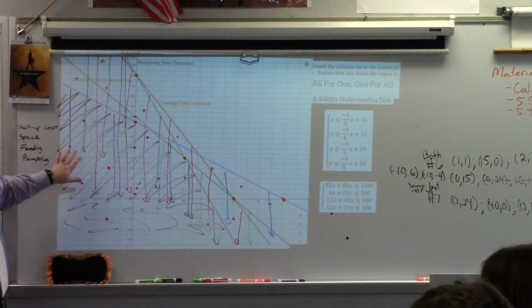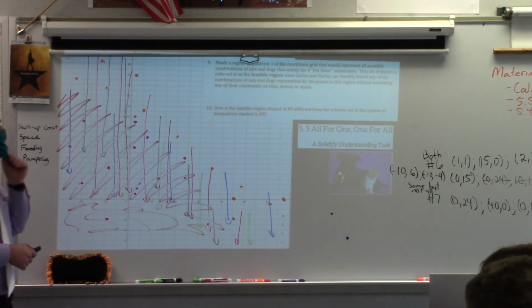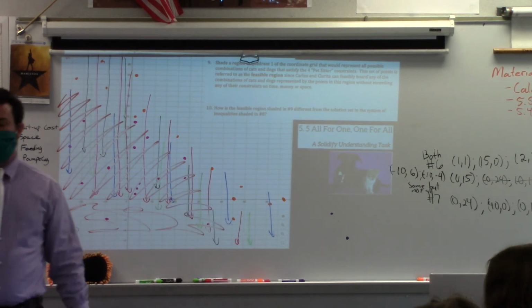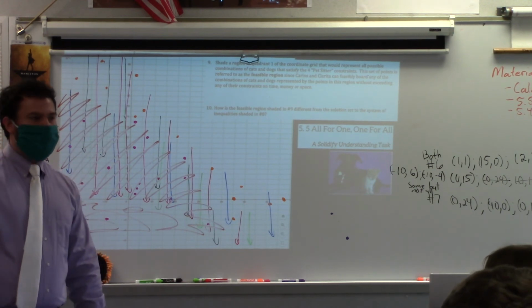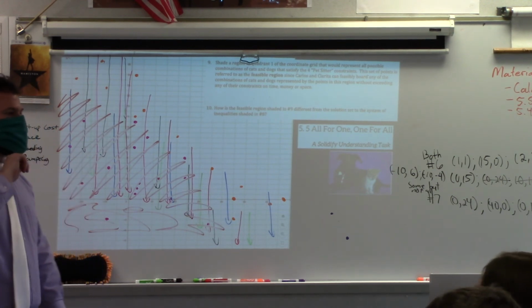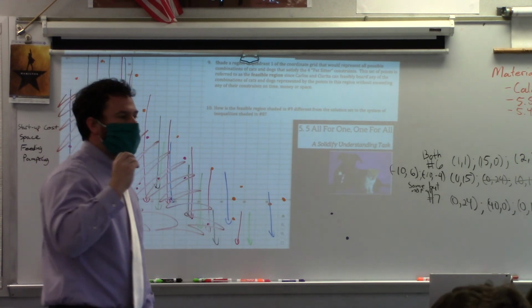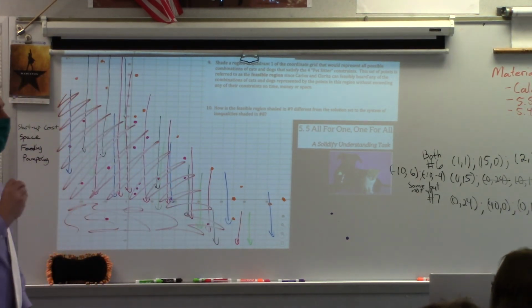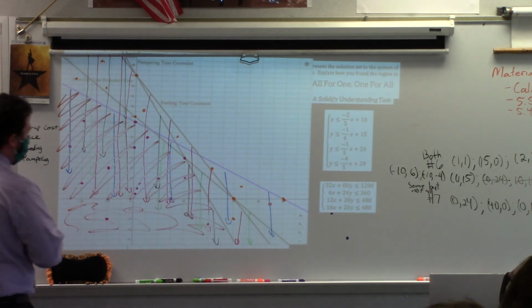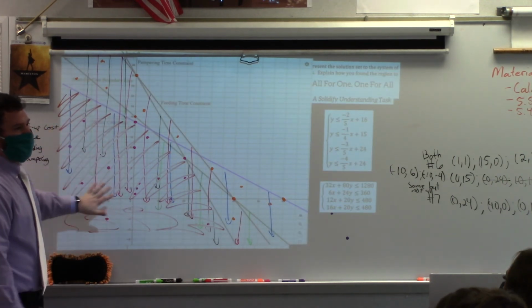And so that's what number 9 is all about tonight. And this is again why I gave you a sheet of paper that has a backside. This time around, what I want you to do for number 9 is just shade where the feasible region is. Identify what part of this, so notice again, I shaded a whole lot of stuff, right?